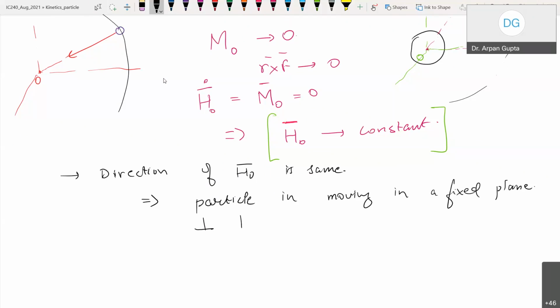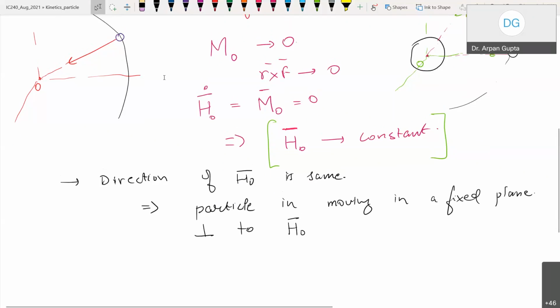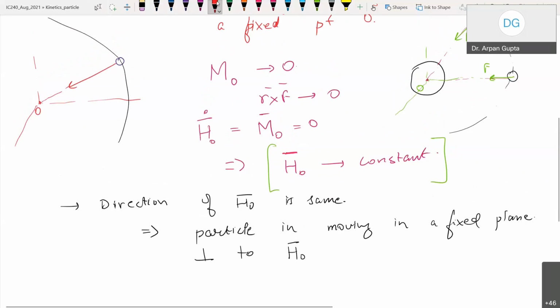And this plane is perpendicular to the h naught bar. What it means is that if, let us say, at a particular instant, this is the mv and this is the r vector, then the r cross mv vector will be in a direction something like this. So this is the direction of h naught bar.